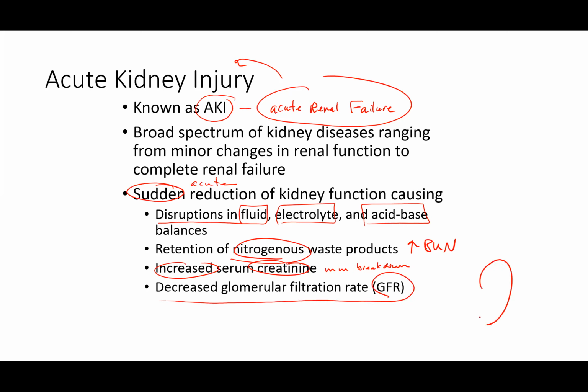So going back to the kidney, the glomerulus is on the inside. As fluid is coming in, it should pass through the glomerulus nicely, but it slows down, which means you're going to get a backup of fluid.